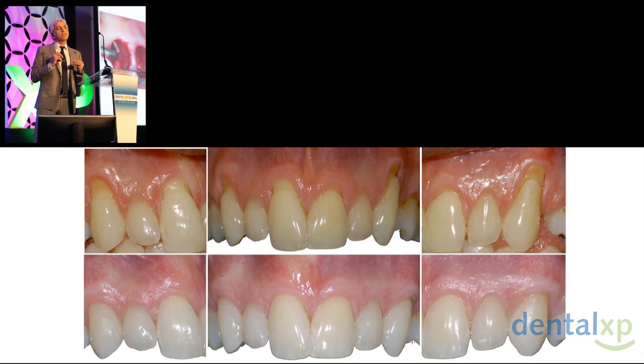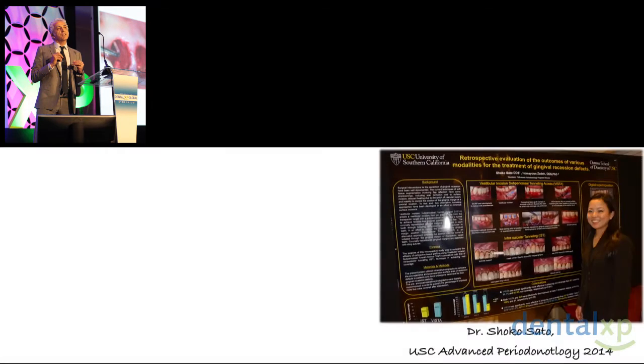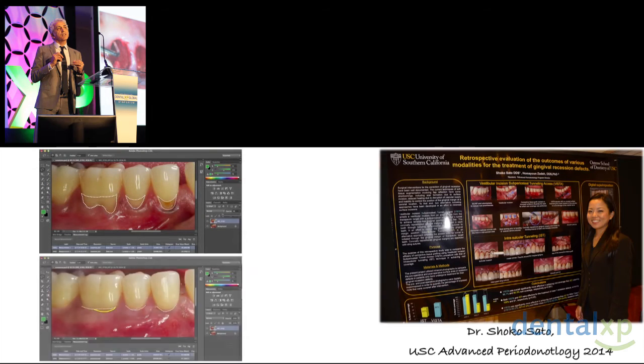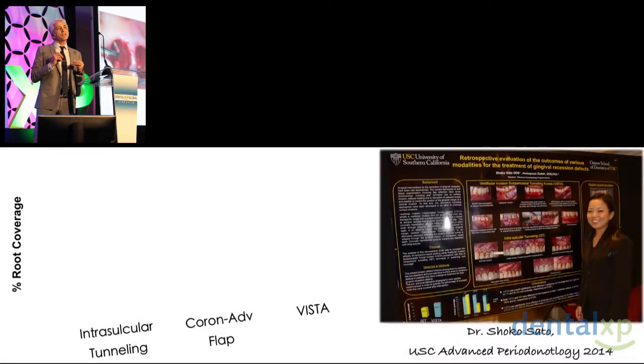And we realize now we have a technique, and since then we've used it in many cases and published the outcomes. And one of our master students did an outcome assessment looking at two-dimensional analysis of comparing before and after using imaging. And what she did was to look at 3 different techniques that we had used in our clinics.